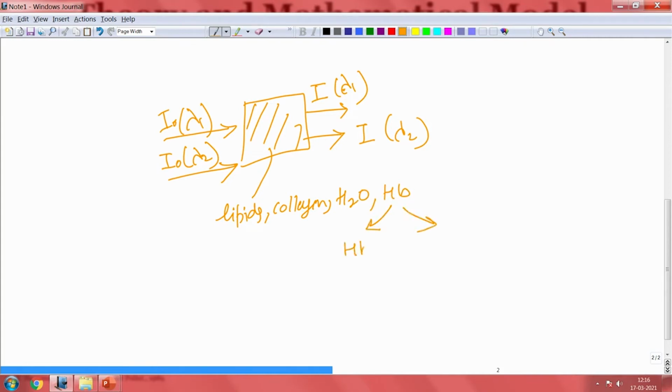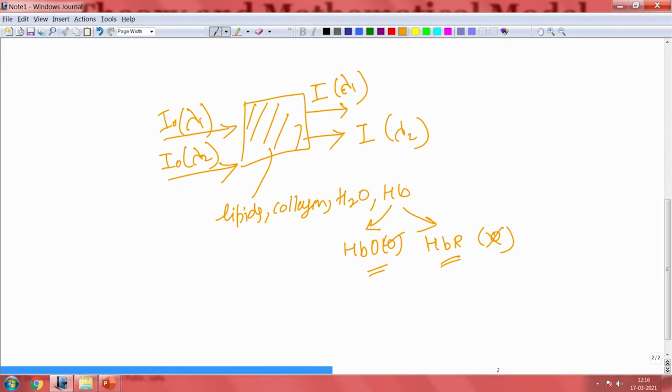It could be oxygenated hemoglobin, or it could be reduced hemoglobin, which is also known as HbR. So, either it would be carrying the oxygen or not carrying the oxygen. In this case oxygen is not there, but in this case the oxygen is present. So, in both ways it will behave differently.